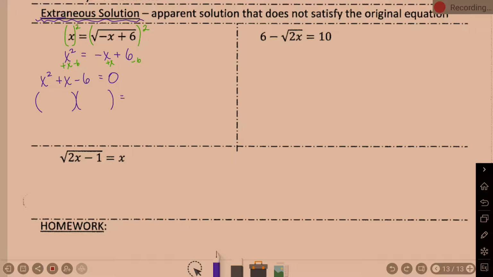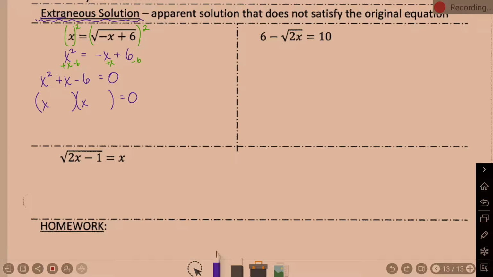Does parentheses mean something? Yeah. We're going to factor it into 2 parentheses. What do we know goes at the beginning of each parenthesis? X. Yeah, x squared is x times x. And then the x minus 6.